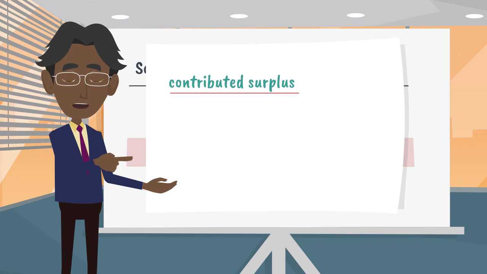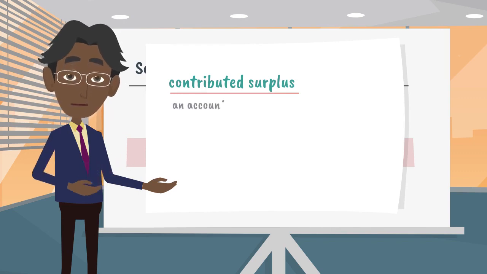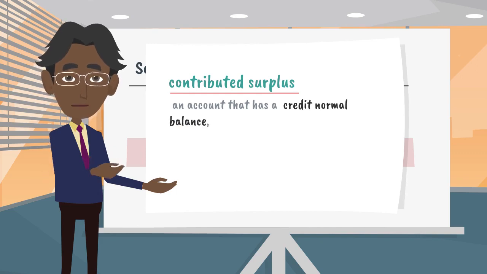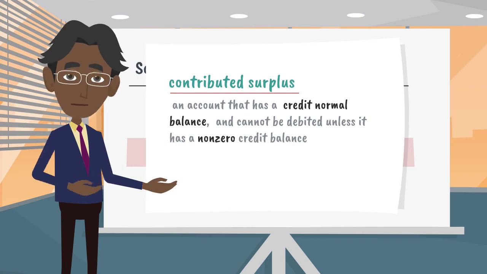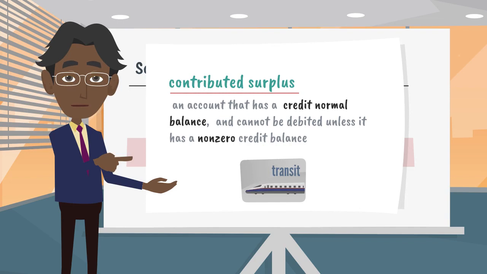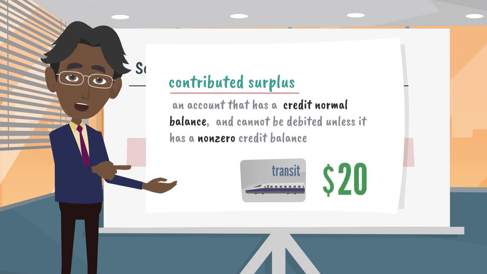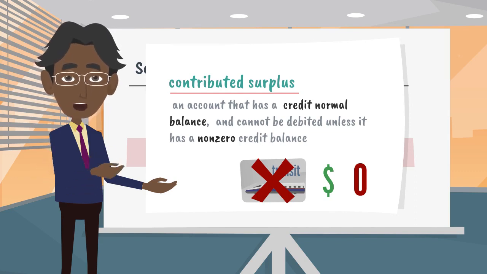Before we get into the final example, it's worth noting that contributed surplus is an account that has a credit normal balance and cannot be debited unless it has a non-zero credit balance. Think of the contributed surplus account like a reloadable transit card. Although you can add any amount of money you want to the card, you can't use the card if your balance hits zero.